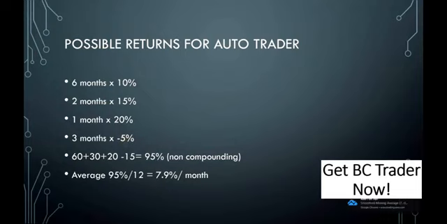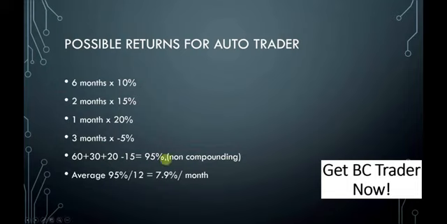All right. That would basically mean that if you add all of this together, 60% plus 30% plus 20% minus 15%, you get about 95% non-compounding. That basically means that you took it out, you put it back in, you moved around the trading pairs, you reset your bot every month. It's non-compounding.